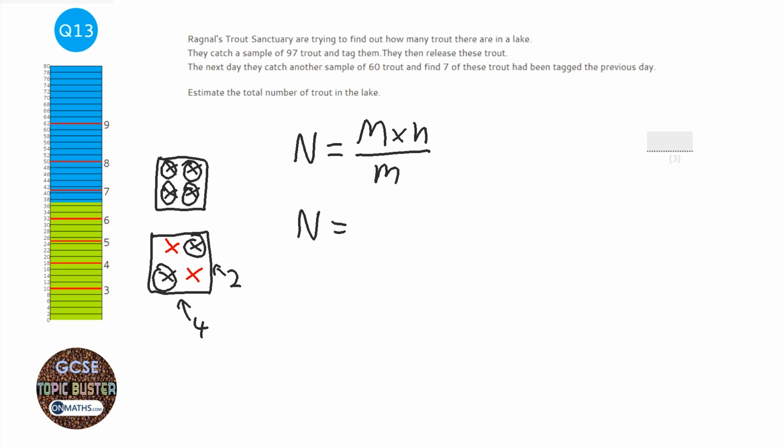So let's apply this to the question. Let's work out what M is. M is the amount of trout that we marked, so we marked 97. N is going to be the size of the sample that we took again, so 60.